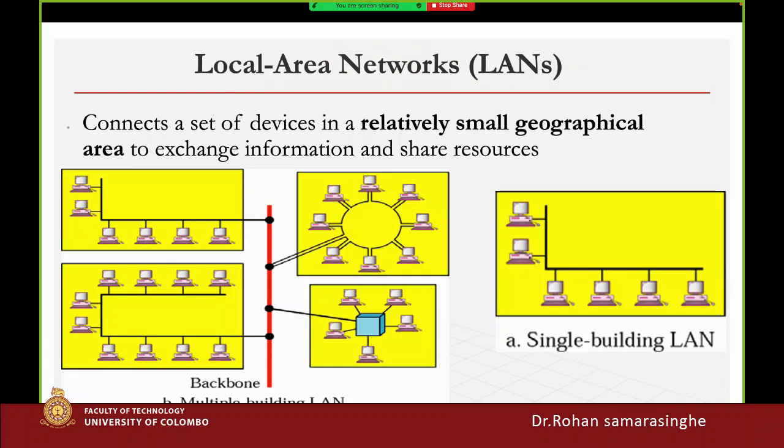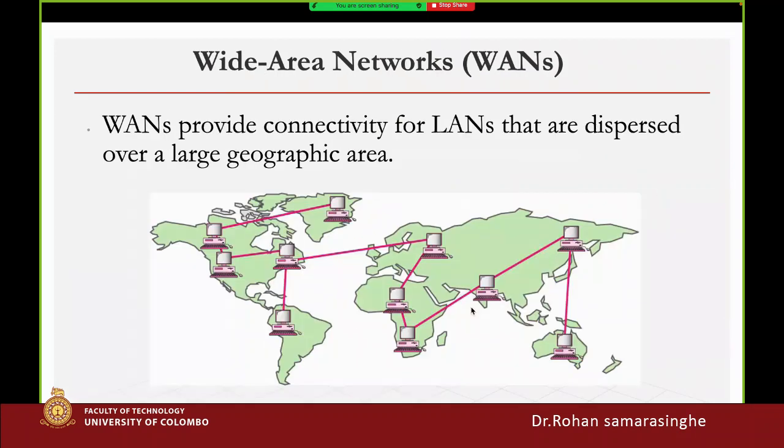A LAN connects a set of devices in a relatively small geographical area to exchange information and share resources. Multiple buildings or a single building likewise. We can have several topologies: ring topology, bus topology, star topology, which we'll discuss later. And the wide area network provides connectivity for LANs dispersed over a large geographic area.